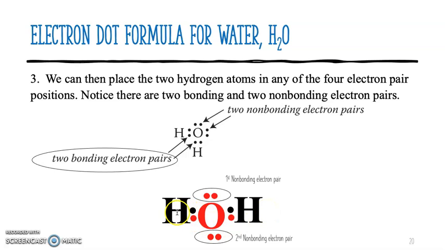Between oxygen and this hydrogen, there is one electron pair, and between oxygen and the other hydrogen, there is another electron pair. We call these bonding electron pairs. The ones on the top and the bottom are not bonding with hydrogen, so we call them non-bonding electron pairs. For the water molecule, oxygen has 2 non-bonding electron pairs.